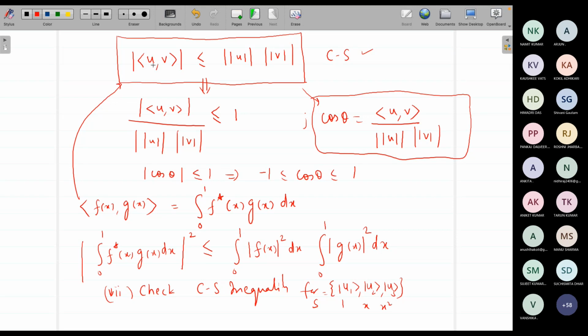For an orthonormal space, the inner product of u and v, two different vectors, will be equal to what? 0. And what will be the right hand side? 1, the norms are 1. So 0 is less than or equal to 1. Fine, all the time 0 is less than 1, absolutely fine. But for generic vectors, I would like you to find it out.